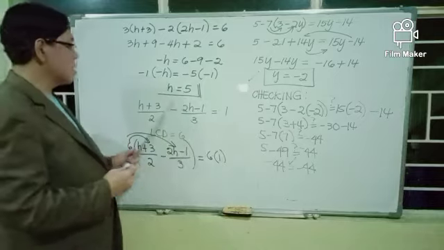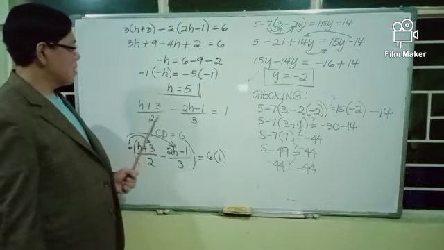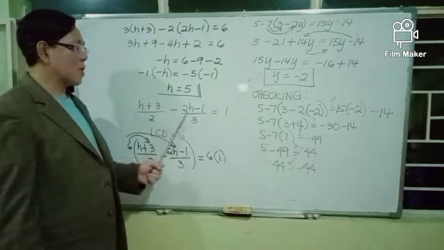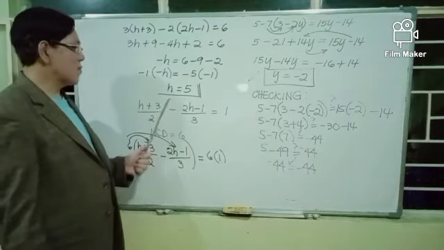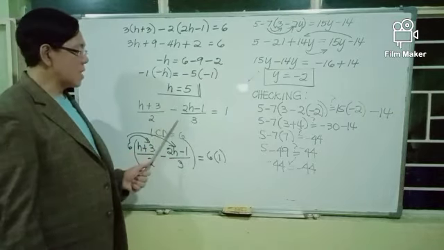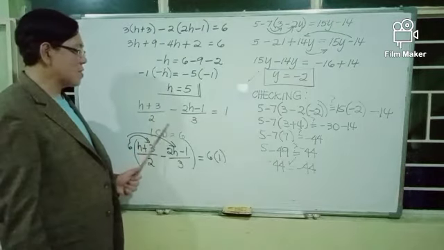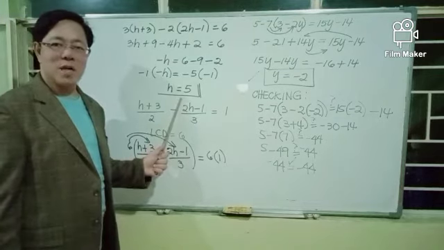And this is our solution for this linear equation, h plus 3 over 2 minus 2h minus 1 over 3 equals 1. And we check if this value of h will satisfy this equation. If this value of h satisfies this equation, then our solution h equals 5 is correct.